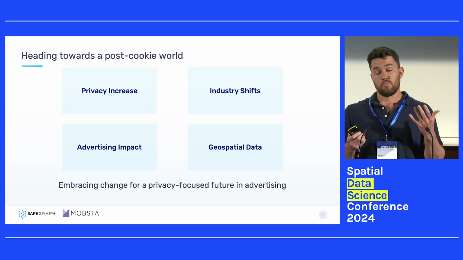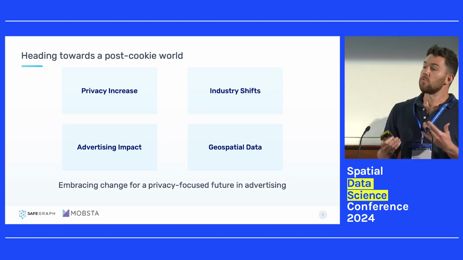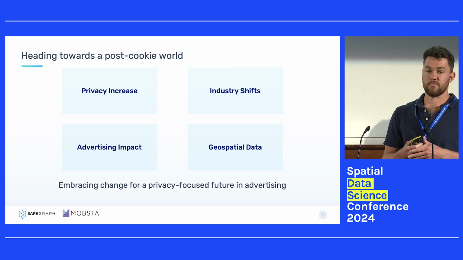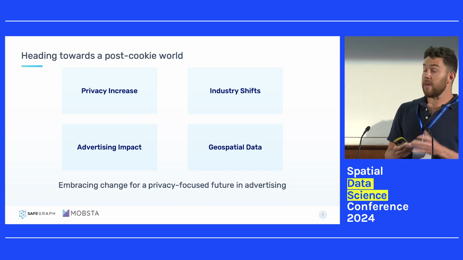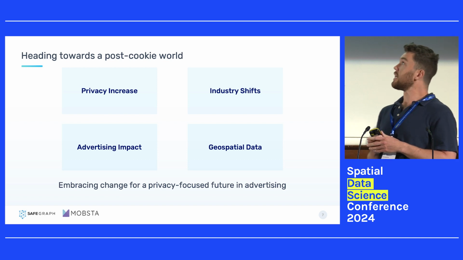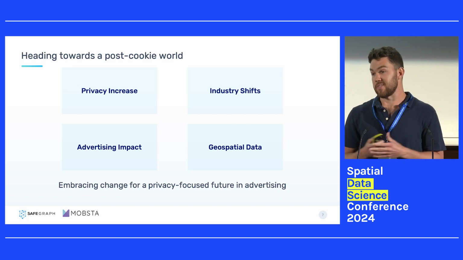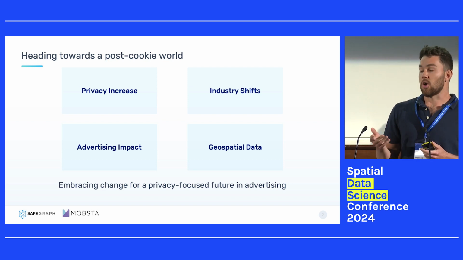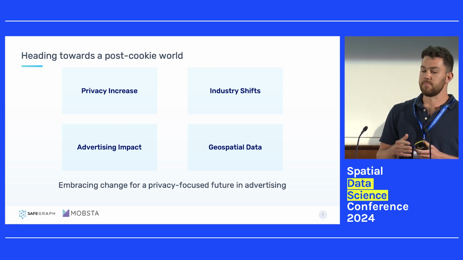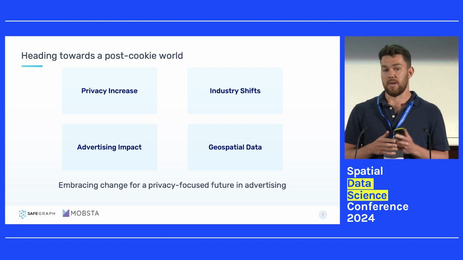So as you're all probably aware, there's been an increased demand from consumers, or people, which we sometimes call them in advertising, for more control over their personal data. And this has been complemented by stricter regulations like GDPR.